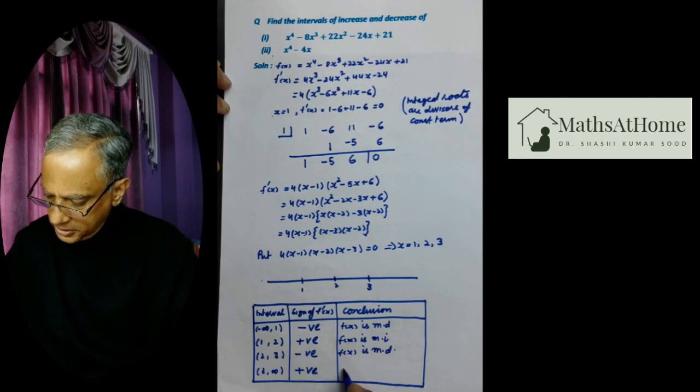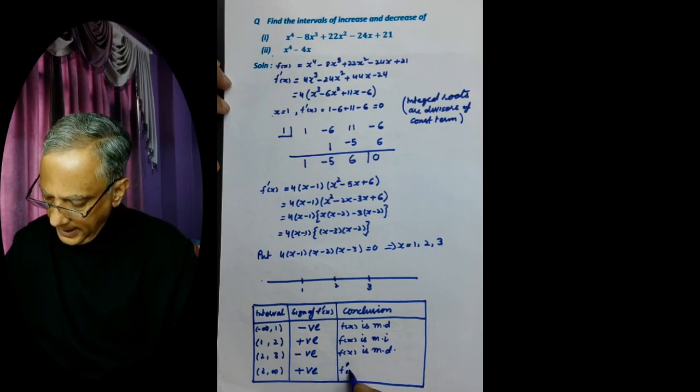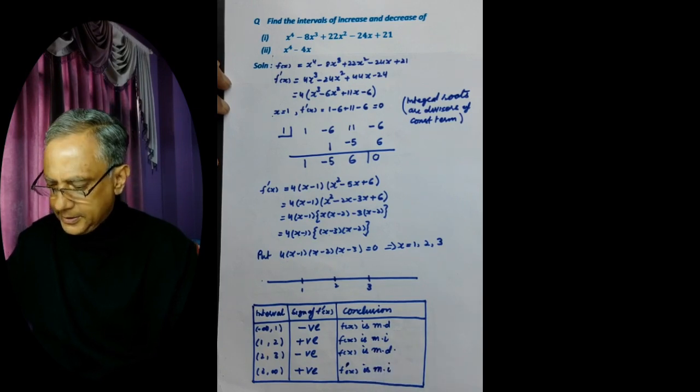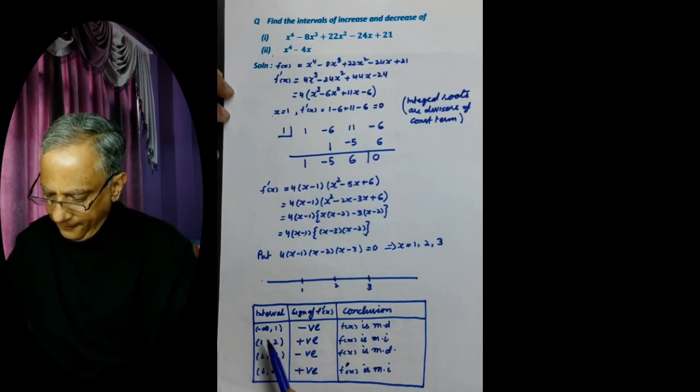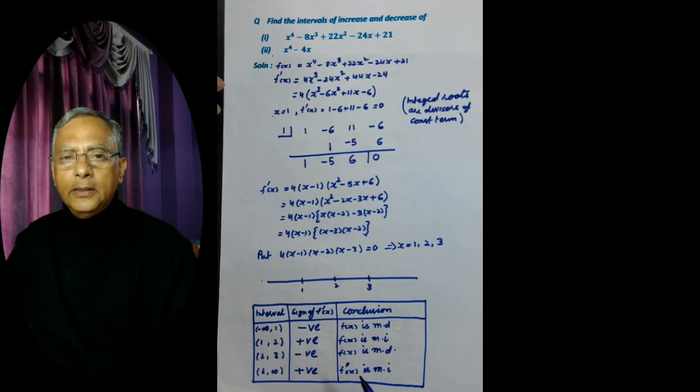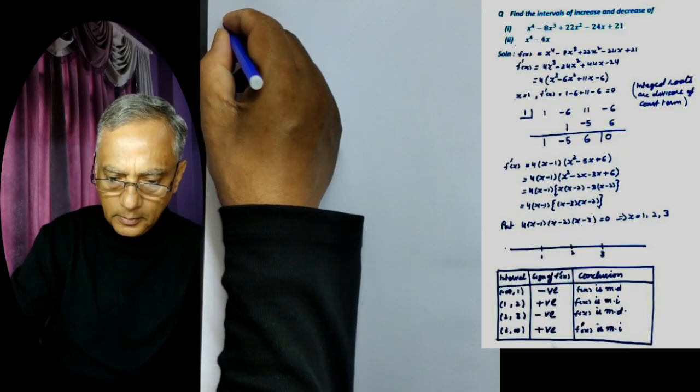And here it is positive, so fx is monotonically increasing. So we will say fx is monotonically decreasing in minus infinity to 1 and 2 to 3, and increasing in 1 to 2 and union 3 to infinity.